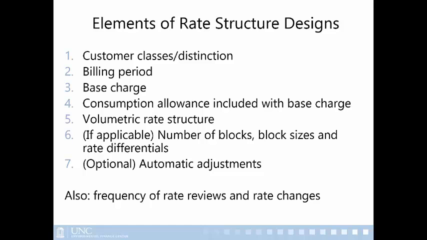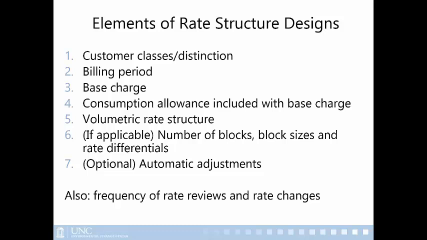It's the billing period, how frequently do you charge customers, the base charge, the consumption allowance that is included with the base charge, volumetric rates, and how you structure those volumetric rates, whether it's uniform rates or increasing block or something else. If you have a block rate structure, you have to make some decisions about the number of blocks, the block sizes, and the rate differentials. And I think a lot of the community characteristics will help influence the answers to those questions.